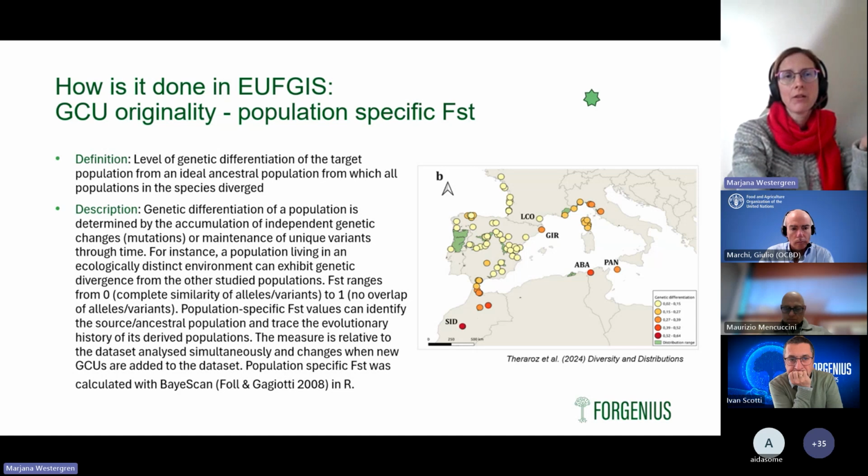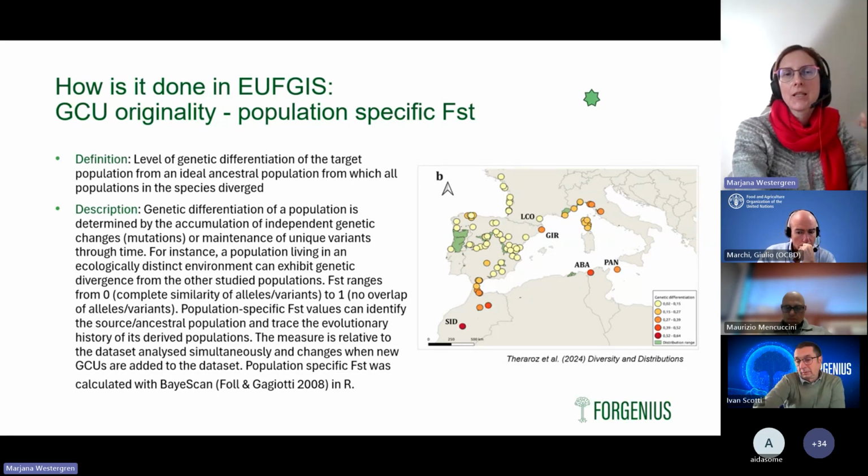For example, we have population-specific FST, which is the level of genetic differentiation of the target population, or a population in a GCU, from the ideal ancestral population.